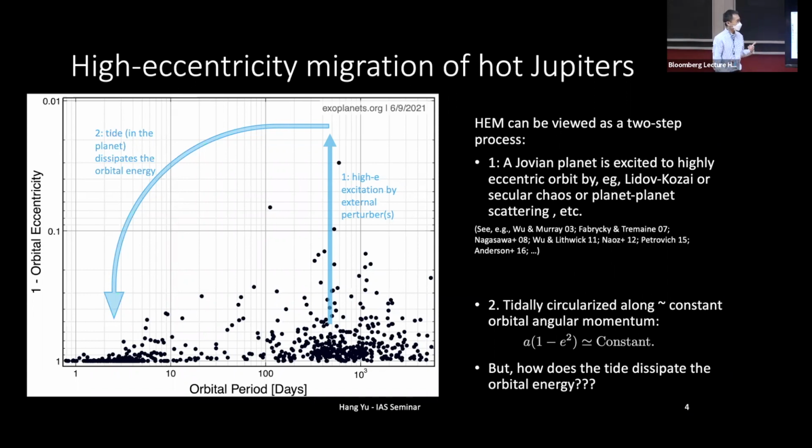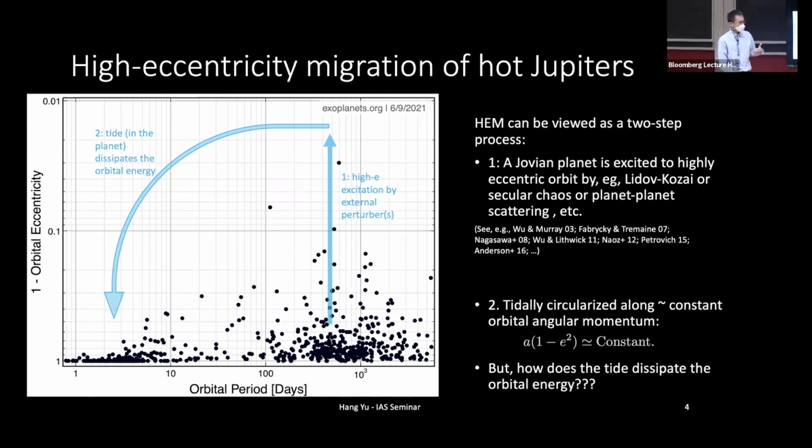For example, it can be through the Lidov-Kozai mechanism. And here, the perturber can be either an inclined outer planet, or it can be another stellar companion. And in the case where the perturber is nearly coplanar, eccentricity can still be excited through a process known as chaos.